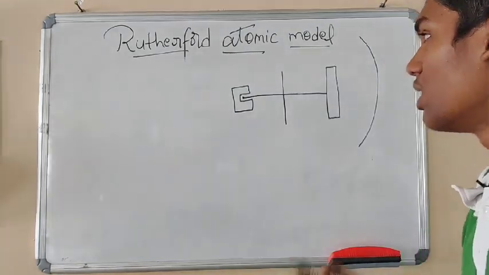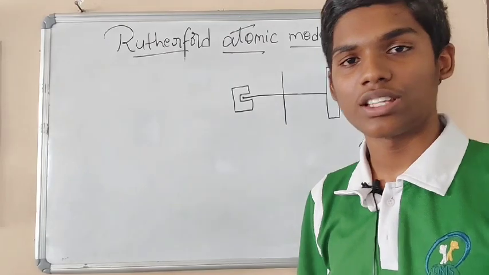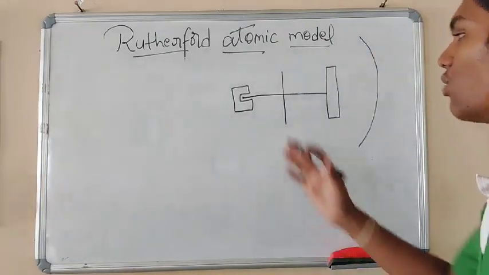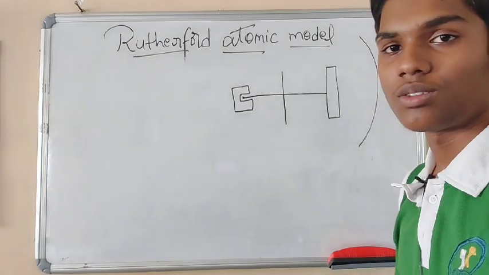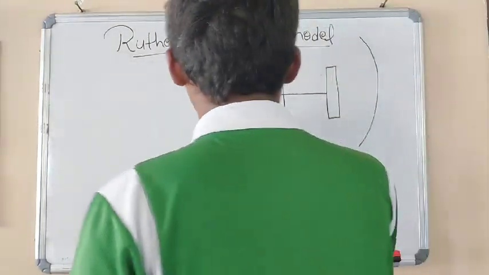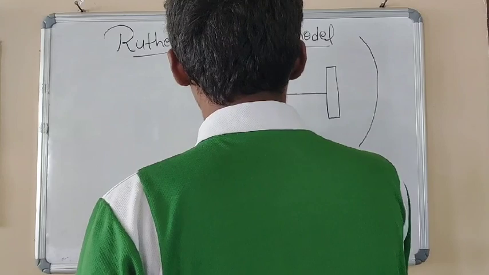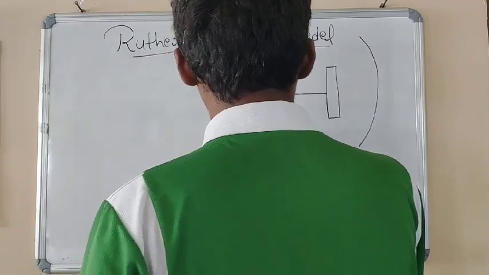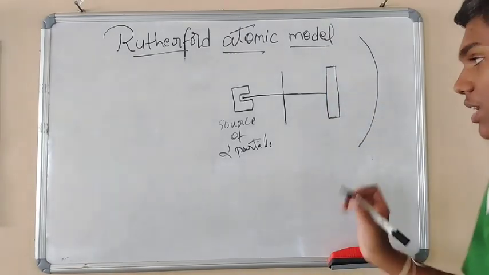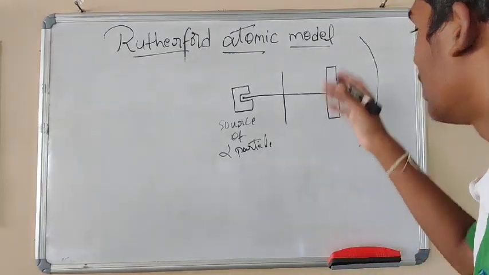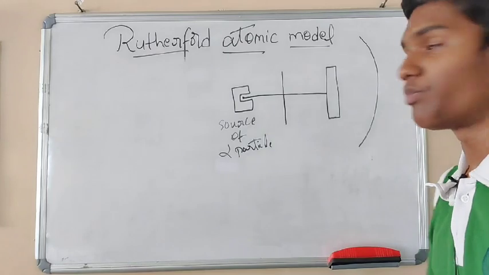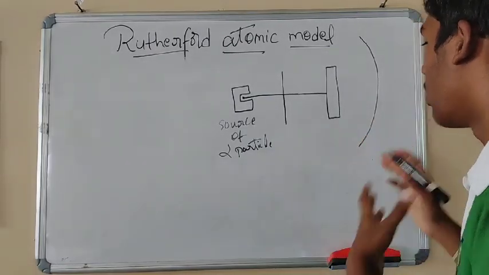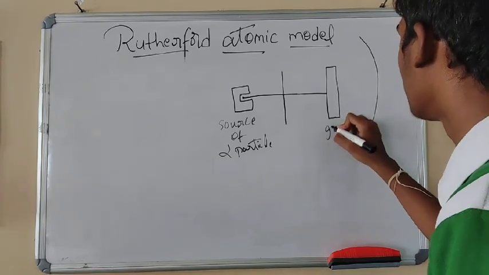Let us see. His experiment is called the alpha ray scattering experiment. For this experiment he took one radioactive source, which means the source of alpha particles. He took one lead block and one gold foil.